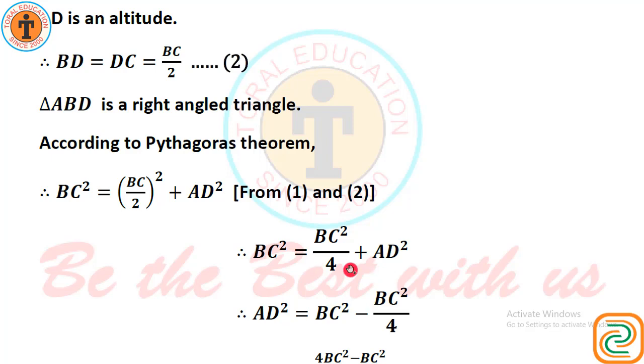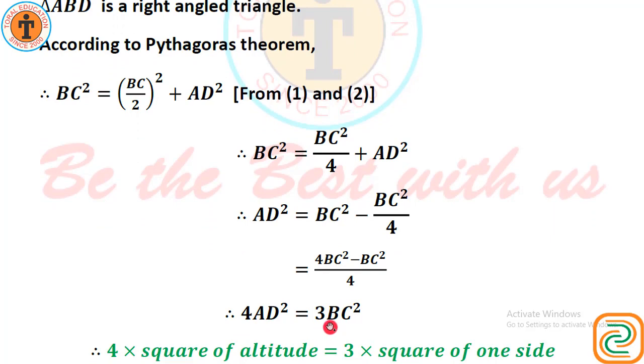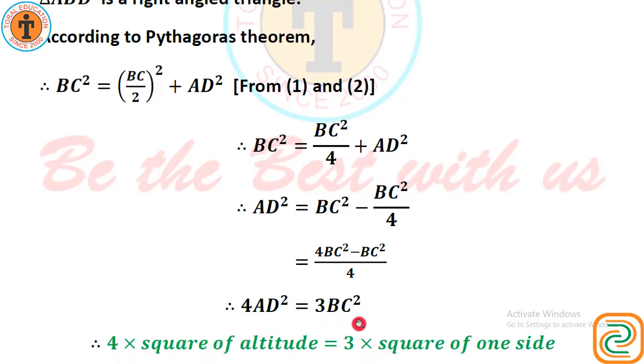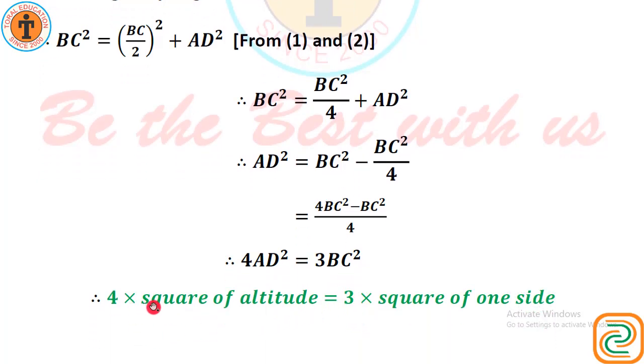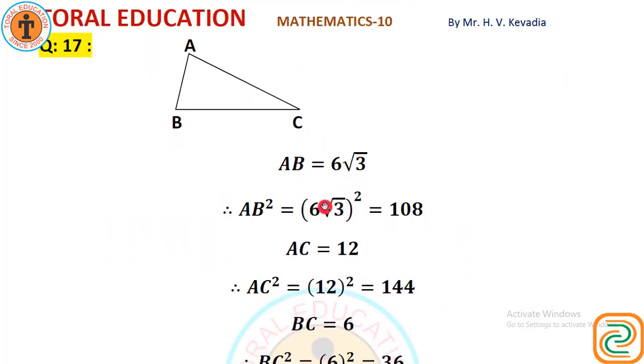If we take 4 as LCM, AD square equals 4BC square minus BC square upon 4, then AD square equals 3BC square upon 4. Here AD is the altitude and BC is the side. So 4 times the square of the altitude equals 3 times the square of one side. BC is one side of the equilateral triangle.